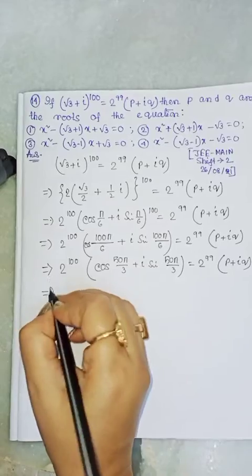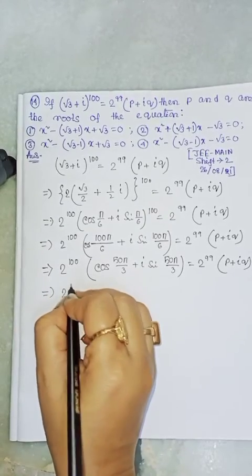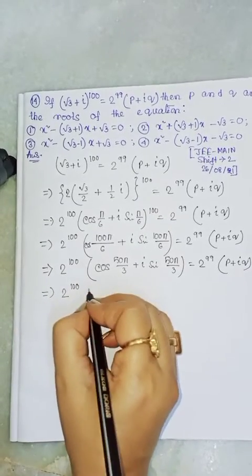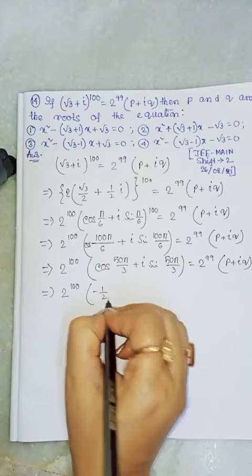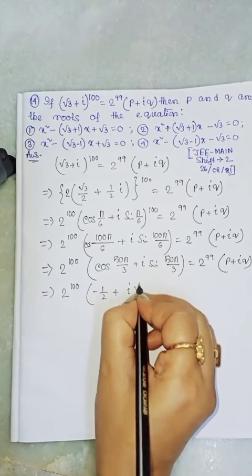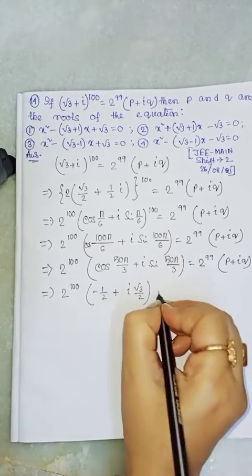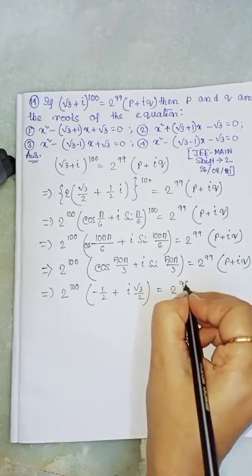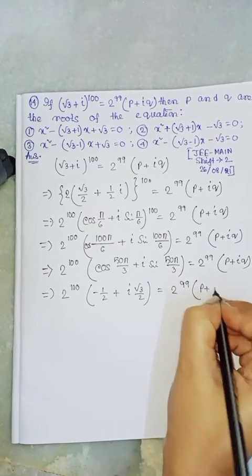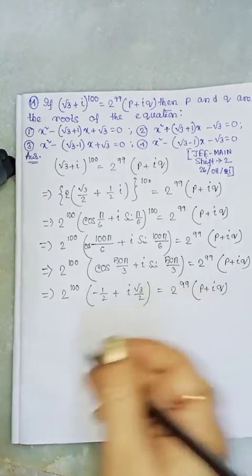So that is equal to 2 to the power 100 times minus half plus iota root 3 by 2, that is equal to 2 to the power 99 (p plus iota q).